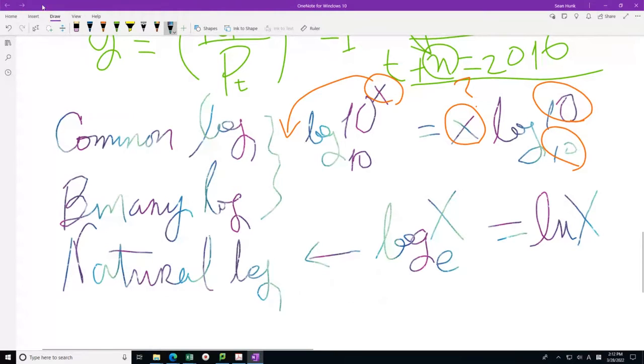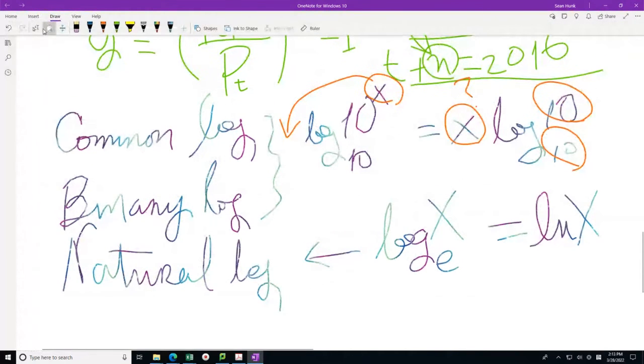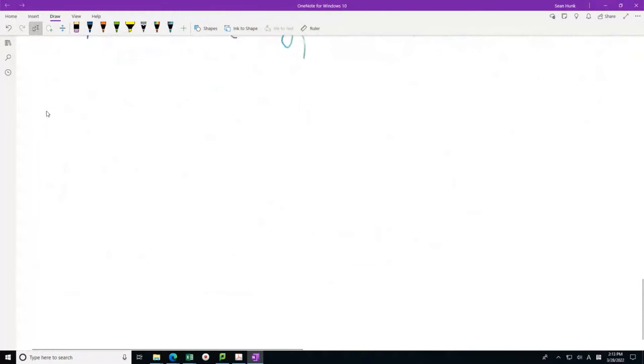And Euler's number is basically based on.